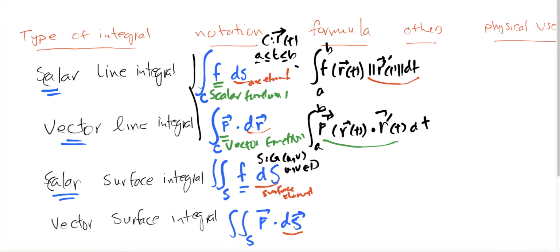So if it's a non-rectangular region, then you want to write it as D. Sometimes you put the u and v down there, so you remember that D belongs to u and v.